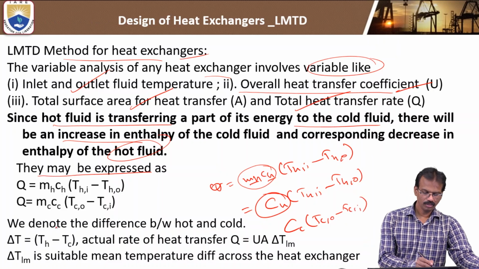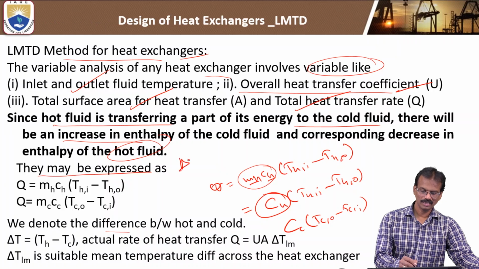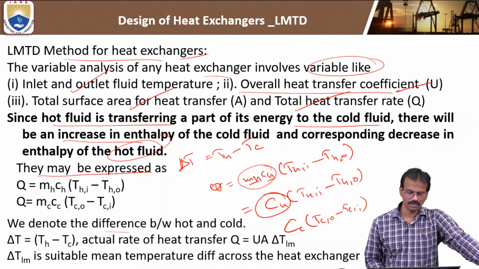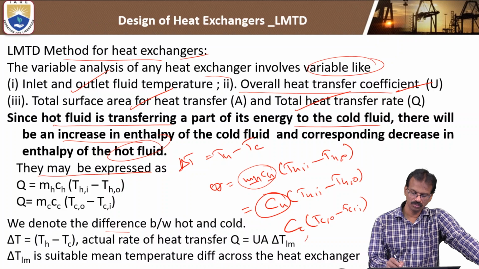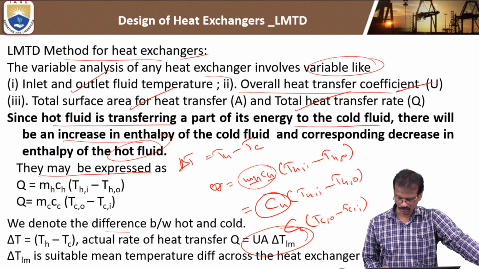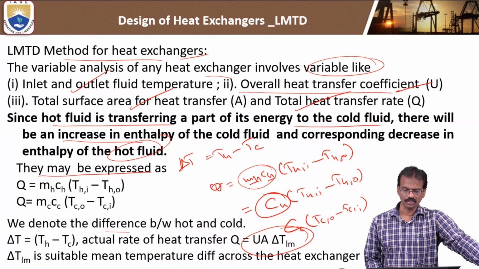We denote the difference between hot fluid and cold fluid temperature as delta T, hot fluid temperature minus cold fluid temperature. Then the formula is equal to UA delta TLM. We will derive this UA delta TLM, the rate of heat transfer.